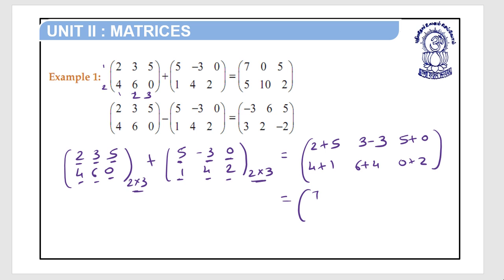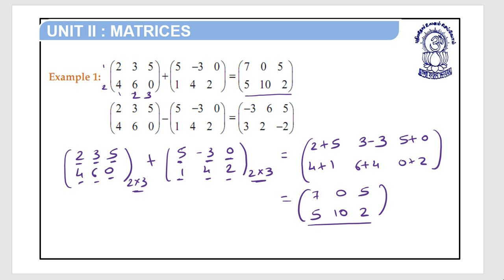So 2 plus 5 is 7, 3 minus 3 is 0, 5 plus 0 is 5, 4 plus 1 is 5, 6 plus 4 is 10, and 0 plus 2 is 2. So the result is 7, 0, 5, 5, 10, 2.